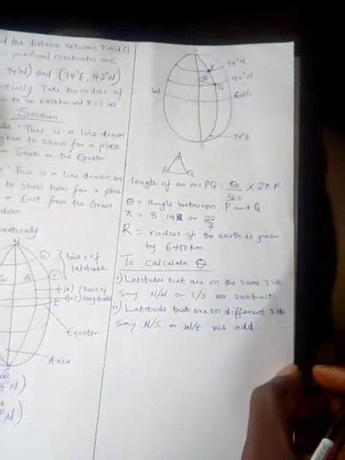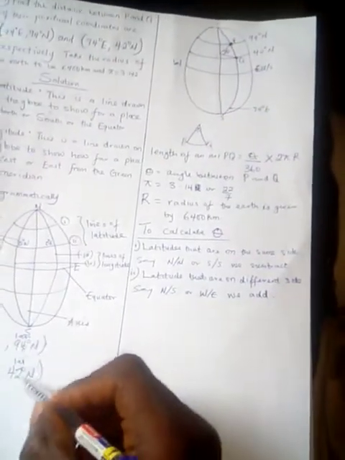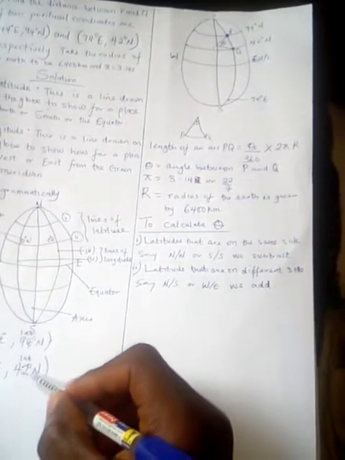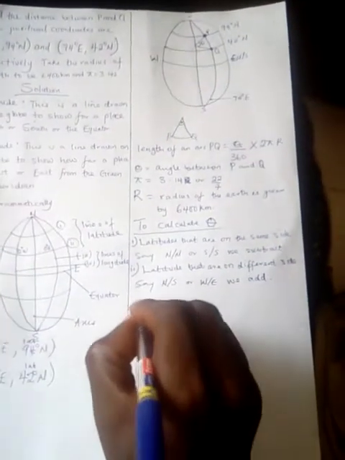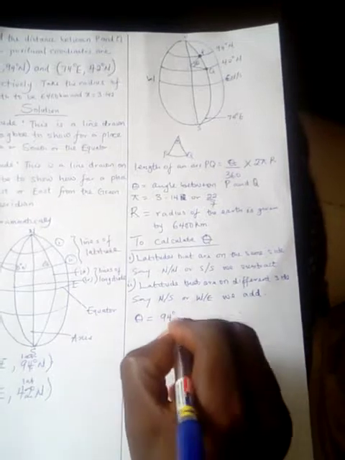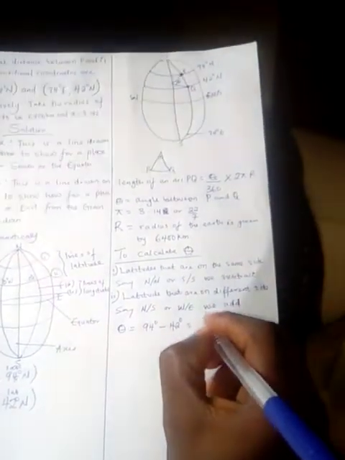If we look at the question, the latitudes here are on the same side, so we subtract in order to calculate angle theta. So theta is equal to 94 degrees minus 42 degrees, which gives us 52 degrees.